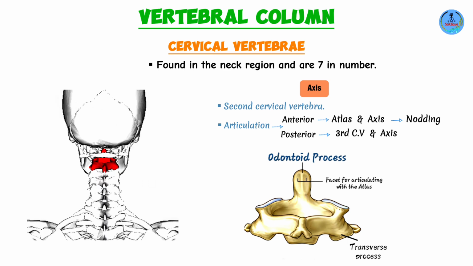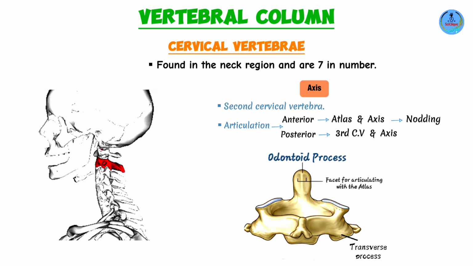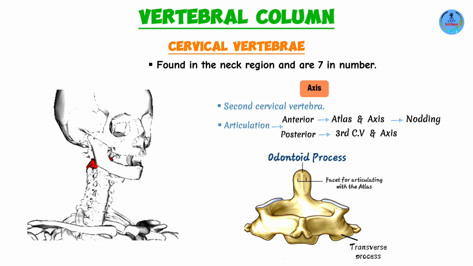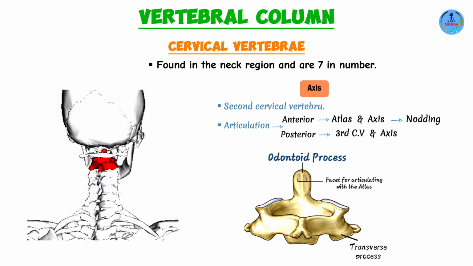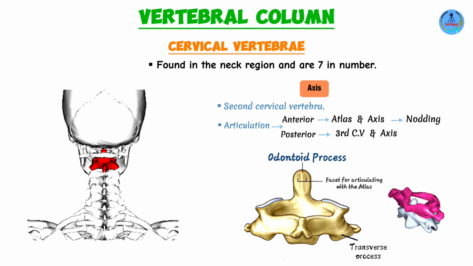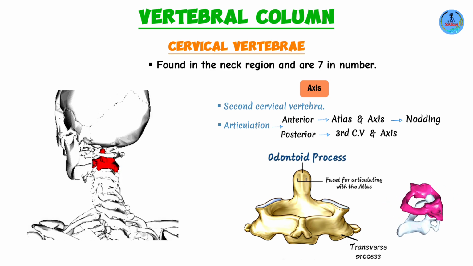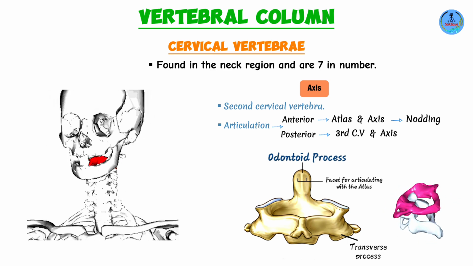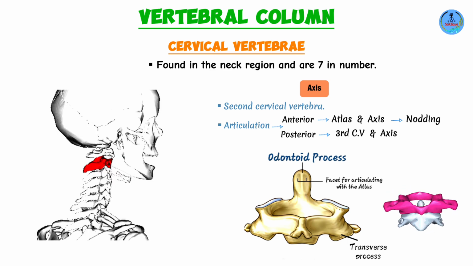But when it comes to the axis, not only does it have a centrum, its centrum is broad and projects upwards to form a structure that looks like a peg as such. This structure is known as the odontoid process. Now, the odontoid process fits into the neural canal of the atlas to form a joint. This joint is very important because it allows us to rotate our head side to side as such.